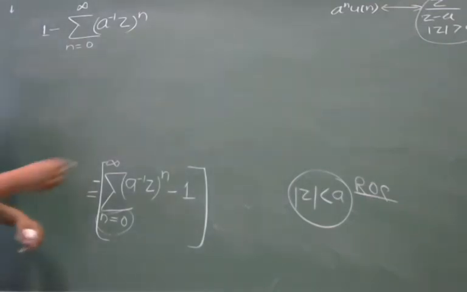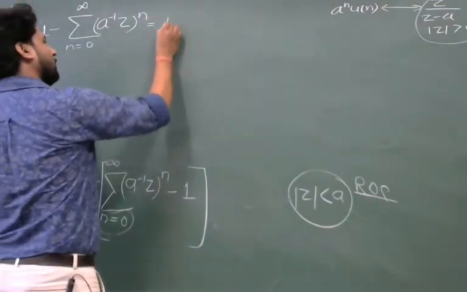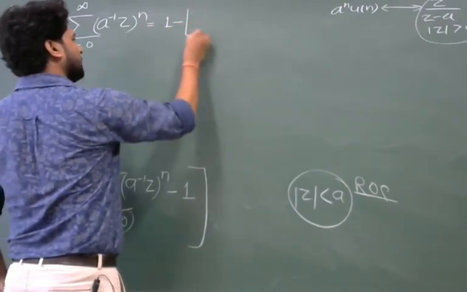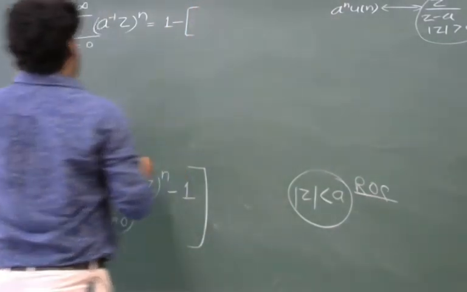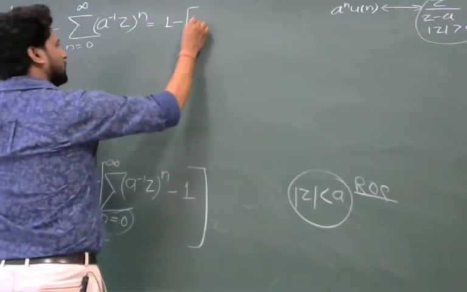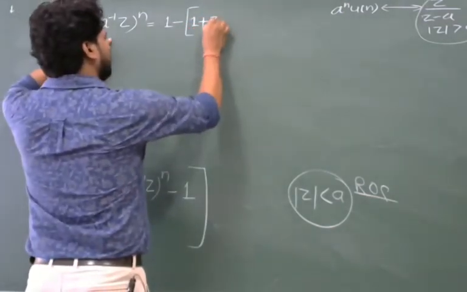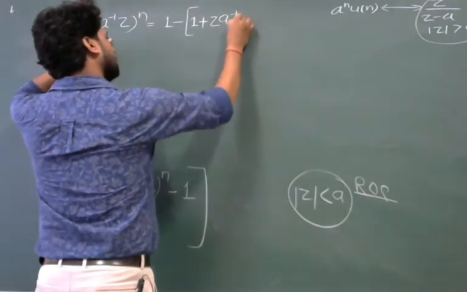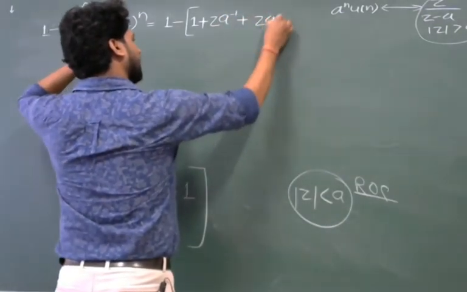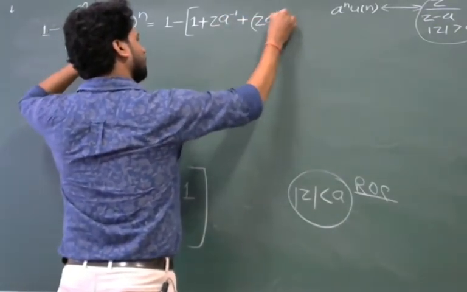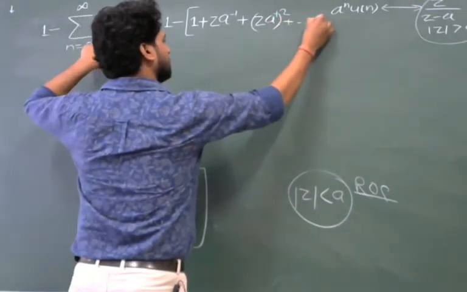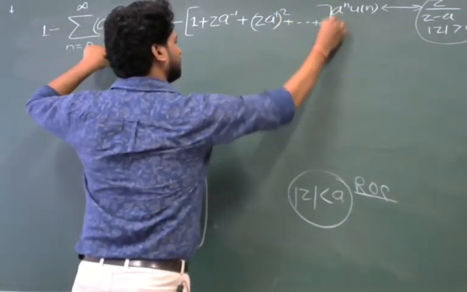So this will become 1 minus, when I put n equal to 0, 1 plus z into a inverse plus z into a inverse whole square plus this will continue to the infinite.